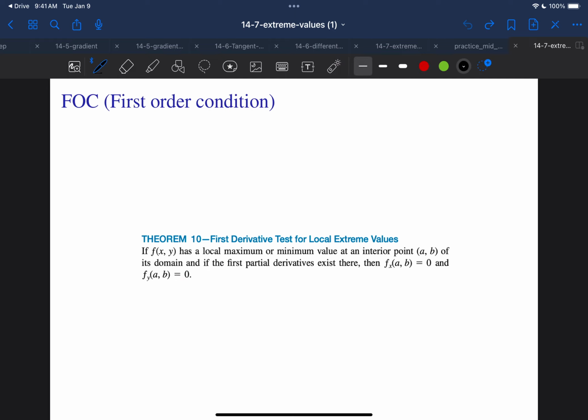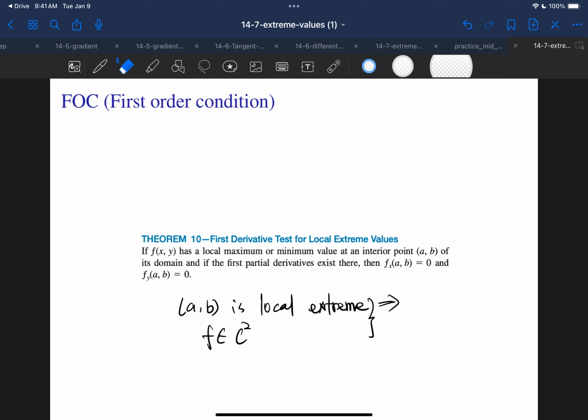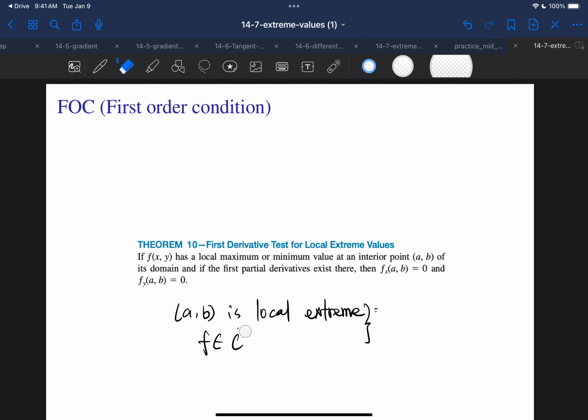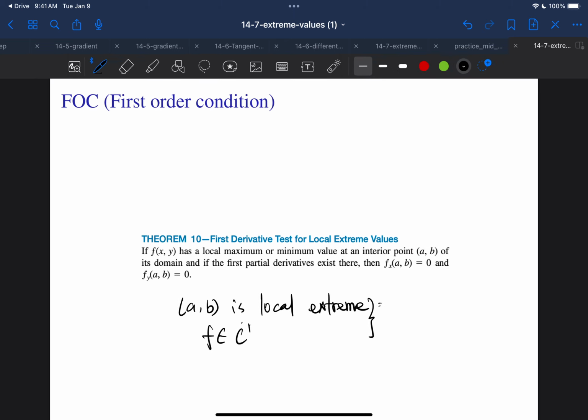Which means if (a, b) is a local extreme point, by extreme I mean either minimum or maximum, and f is C2, which means its partial derivatives exist, maybe C1 is enough, C1 meaning first order derivatives exist, then you can say that f_x at (a, b) equals 0 and f_y at (a, b) equals 0.